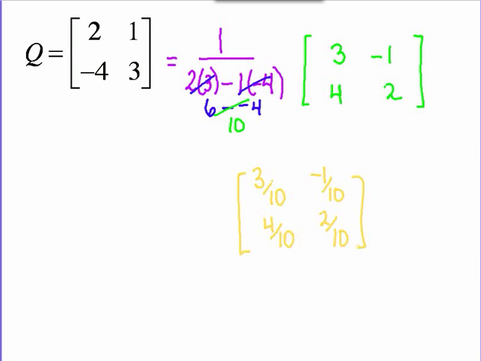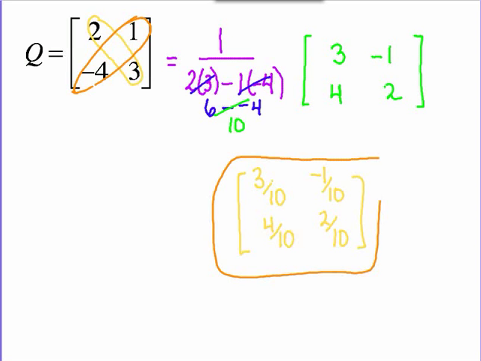Now real quick again, did everybody get 10 for the determinant? Okay, then the other spot is just making sure, did you switch spots correctly? Did you switch signs? Remember on that first diagonal, I'm going to switch spots, and then on the second diagonal, I'm just going to switch signs. So your inverse should be 3/10, -1/10, 4/10, 2/10.